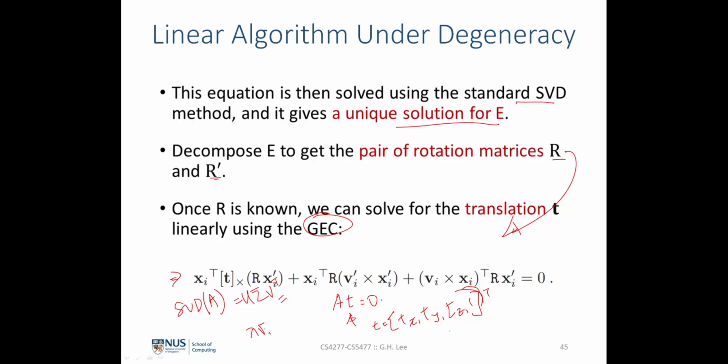This also means that the t vector solved from this particular equation also contains an absolute metric scale. Compare this to the decomposition of the translation vector from the essential matrix, in which case we will not be able to recover the absolute scale.